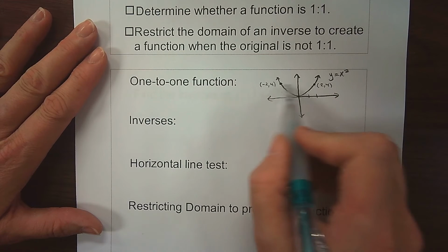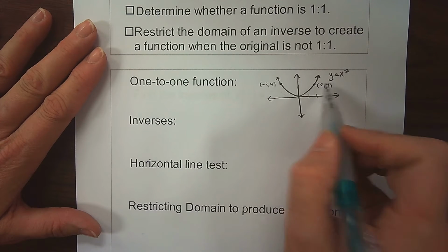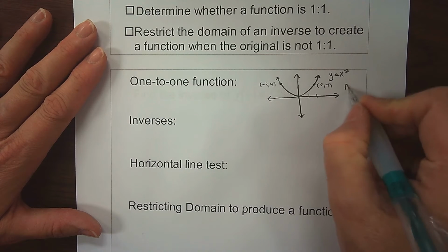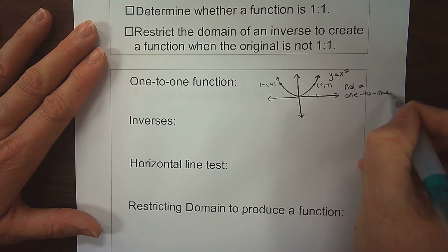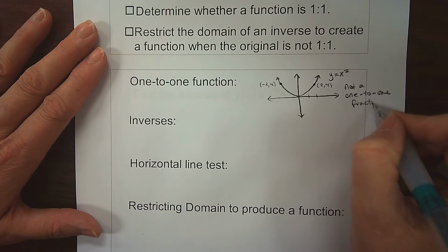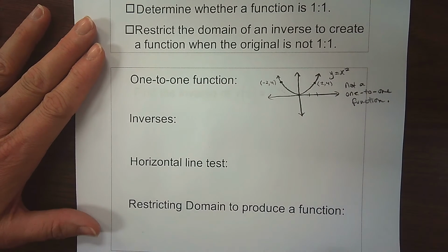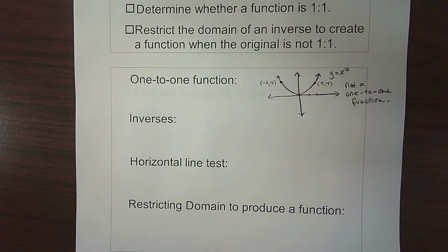Okay, so since this fails the horizontal line test, it is not a one-to-one function. It is a function because it passes the vertical line test, but not one-to-one because it fails the horizontal line test.